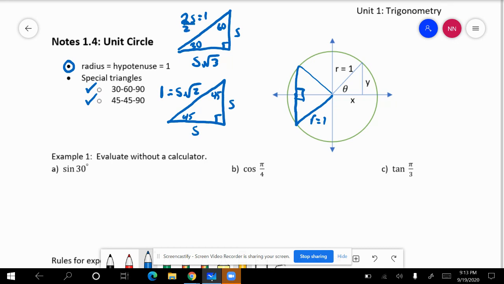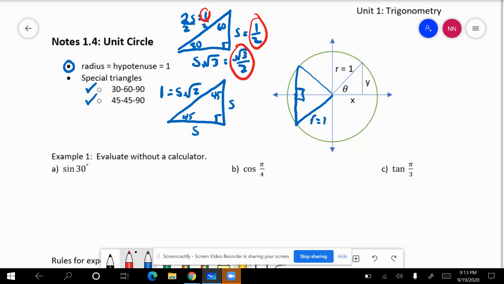So we're able to find our S values. By dividing by 2, we get S is equal to 1/2. S rad 3 is equal to rad 3 over 2. So that means that for every unit circle triangle that's a 30, 60, 90, we're going to have 1/2, rad 3 over 2, and 1 as our three sides.